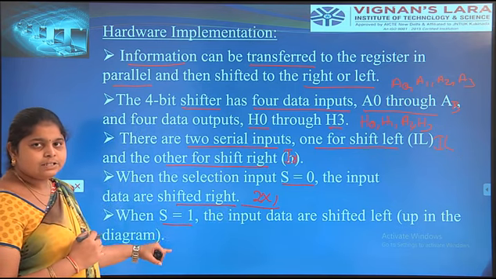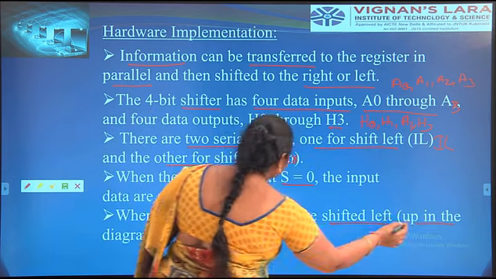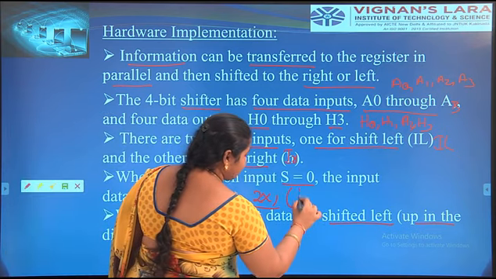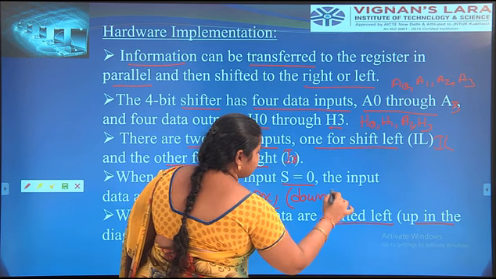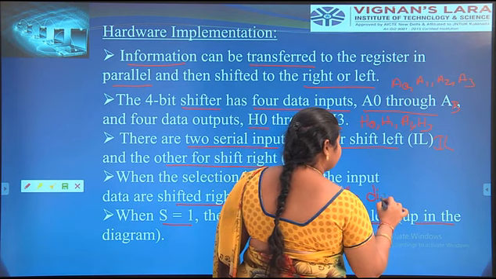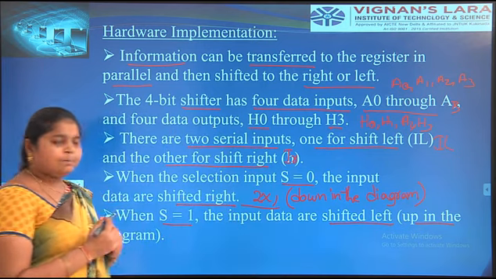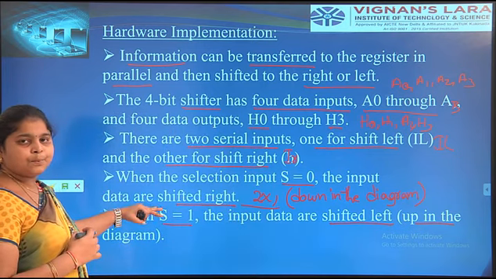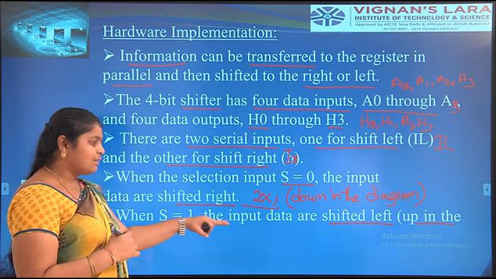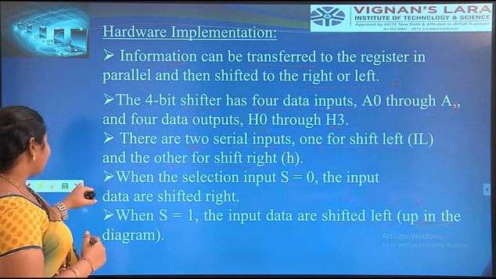That is down in the diagram, the hardware implementation of the shift micro operation. When the selection input is 1, the input data is shifted to the left, which is upward in the diagram.